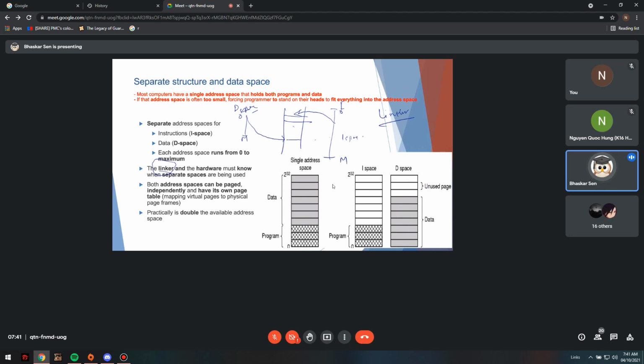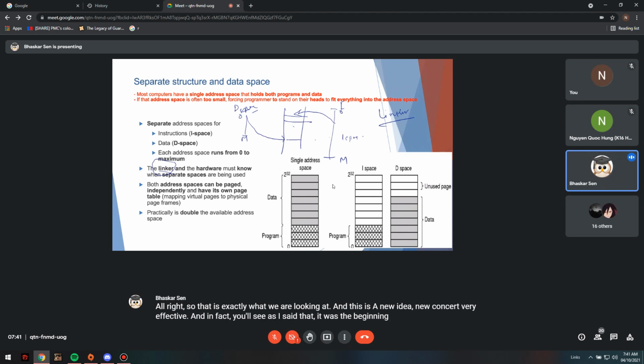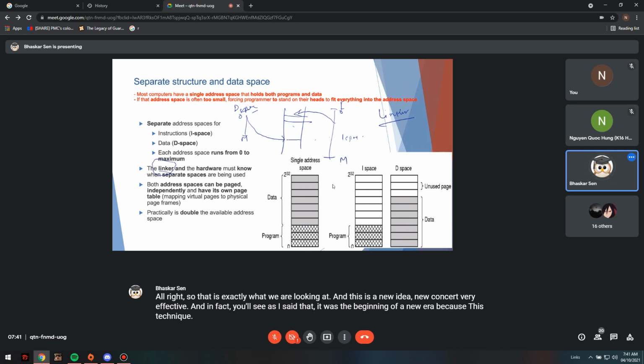All right, so that is exactly what we are looking at. And this is a new idea, a new concept, very effective. In fact, you will see, as I said, that it was the beginning of a new era, because this technique will make things absolutely flexible. And very soon we will move on to shared pages.